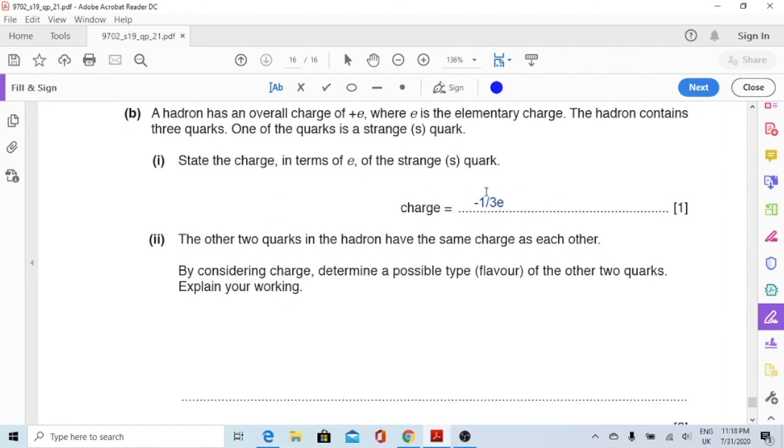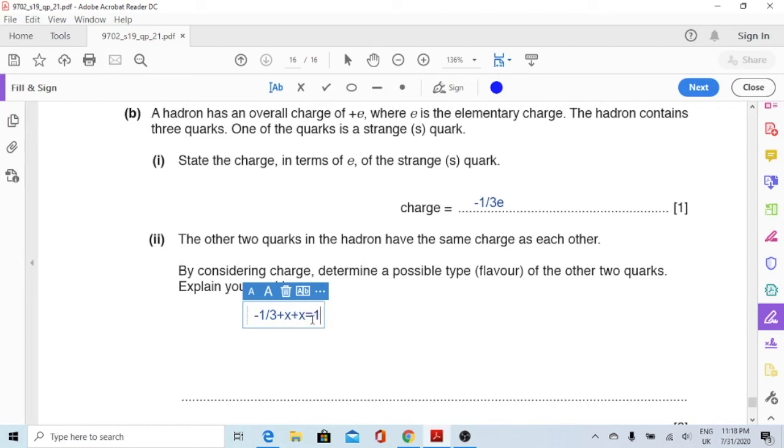The first quark has a charge of -1/3. The other quarks share the same charge, and the total charge of the hadron is +1. So I'll write it over here. The first quark has -1/3 plus some quark, and then the same quark, and adding up their charges is equal to 1.